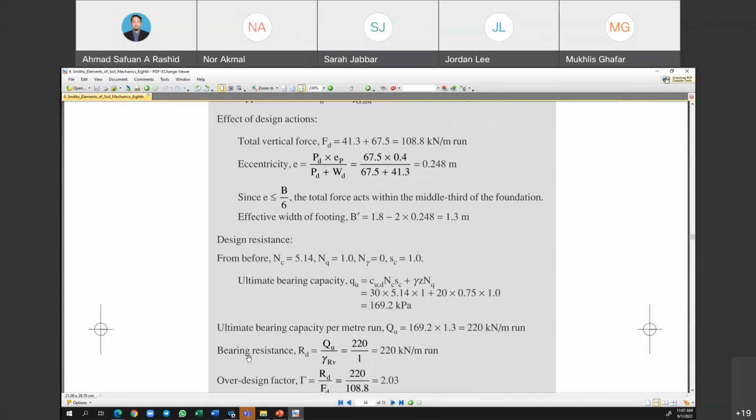Then the last one is to calculate the bearing resistance, which is the QU over gamma RV. So the gamma RV is equal to 1, so the value is 220.